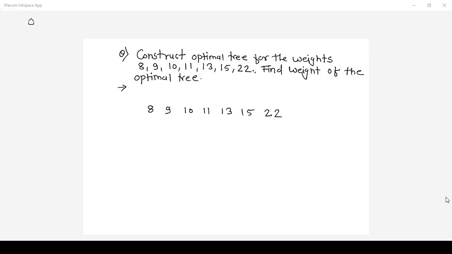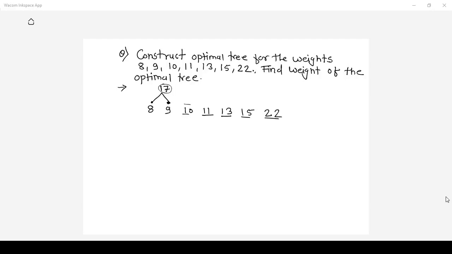In the second step, we should select the first two minimum weights. In this case, they are 8 and 9, and we should add them. So 8 plus 9 gives you 17. So the new weights are 17, 10, 11, 13, 15, and 22.